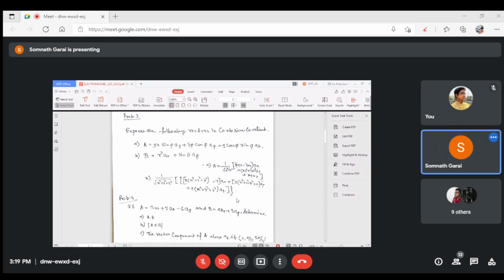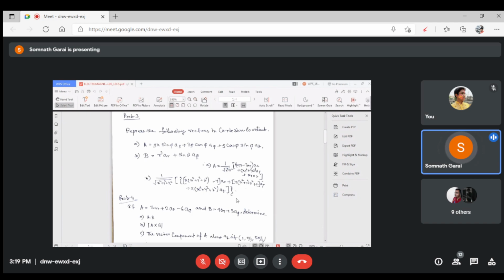Write the matrix relationship of components of vector Ax, Ay, Az with respect to A rho, A phi, Az. Then the matrix relationship is equation number 56.